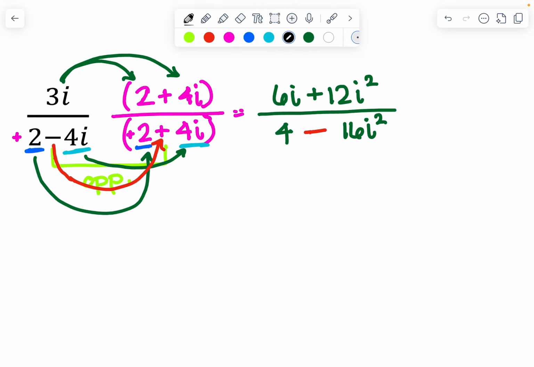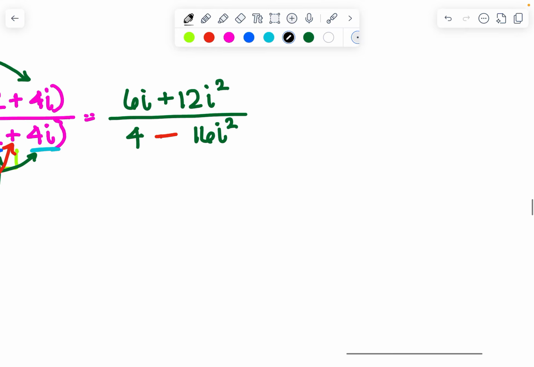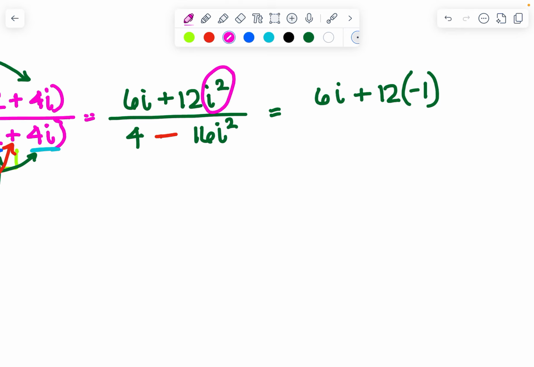So when I go to simplify, I have the following. 6i plus 12 times a negative 1, because I'm replacing this guy with a negative 1, divided by 4 minus 16 times negative 1.